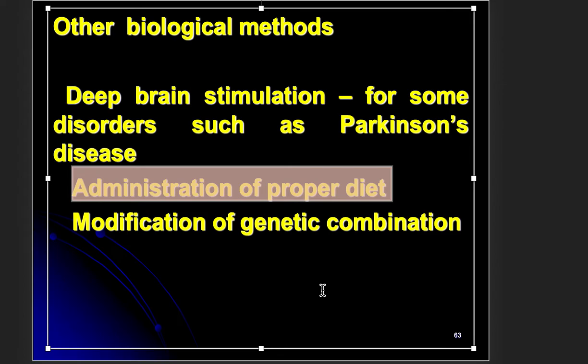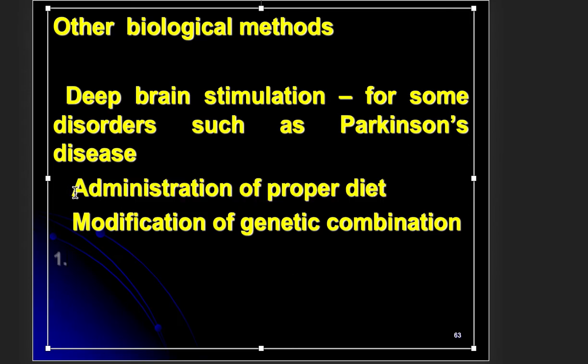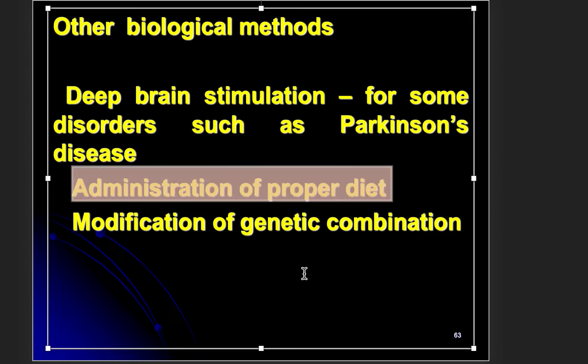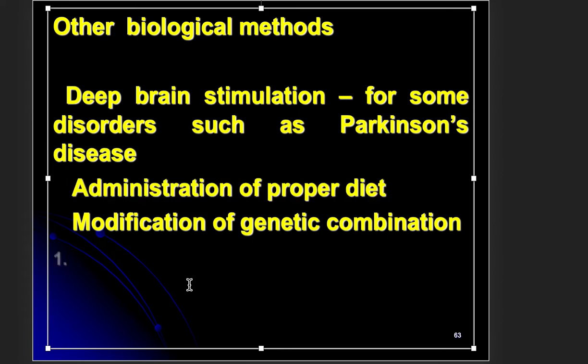So this affects our behavior. And that's why we have the administration of proper diet. Just administer a proper diet, eat vegetables to balance your diet, right? Eat fruits sometimes for balance.